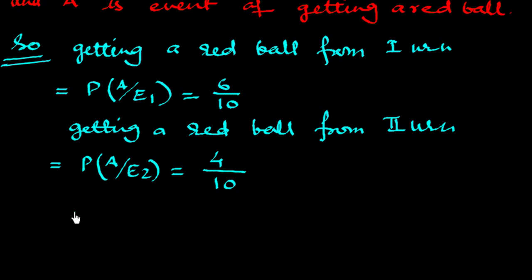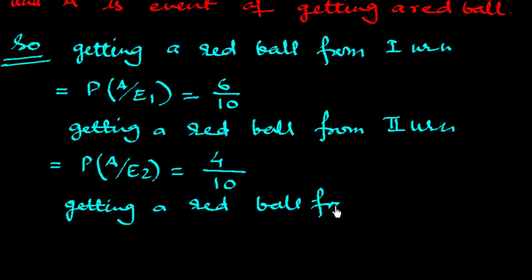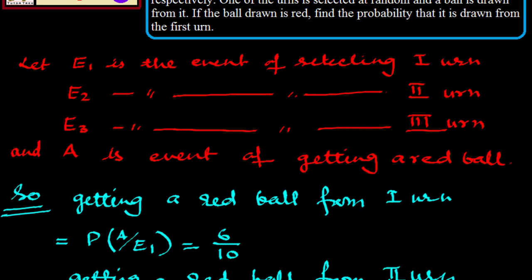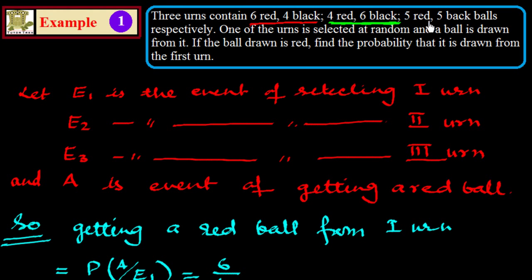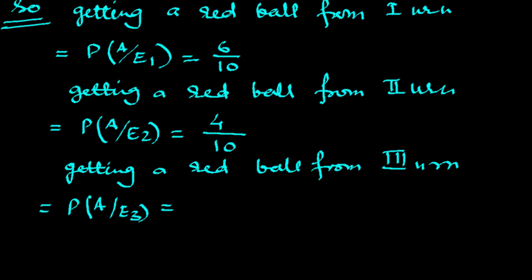And getting a red ball from the third urn is equal to P of A given E3. In the third urn we have 5 red and 5 black balls, so 5 favorable outcomes and 10 total outcomes. Here we get 5 over 10.